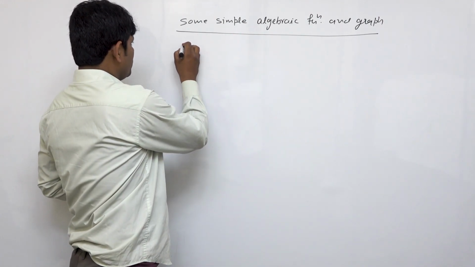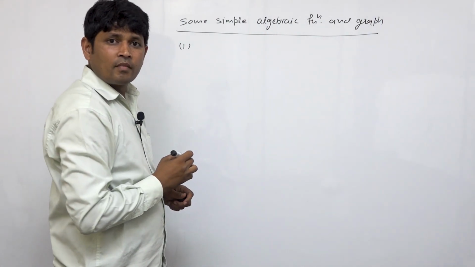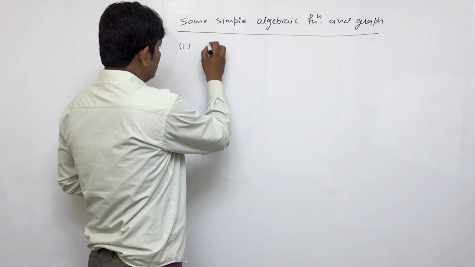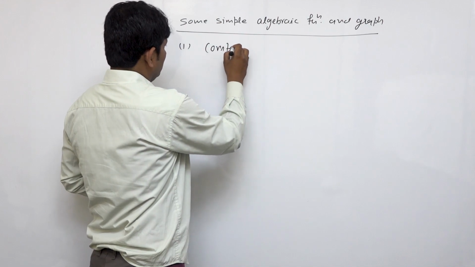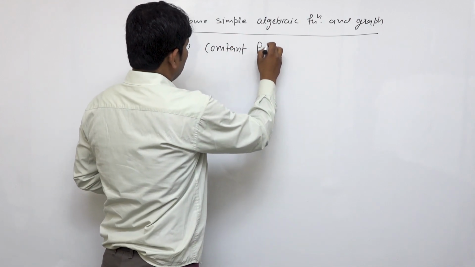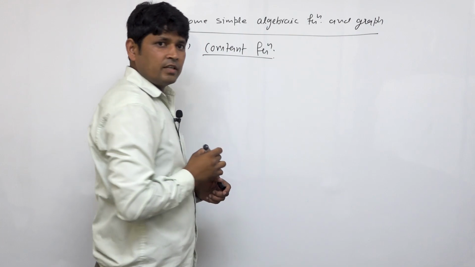So for example, the first one is constant function. What is called constant function?